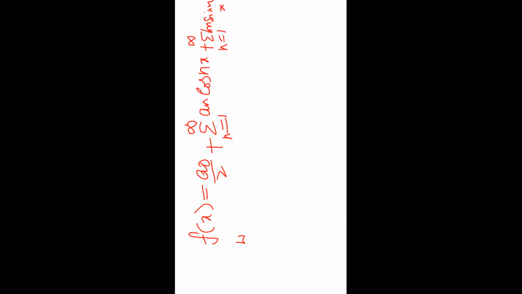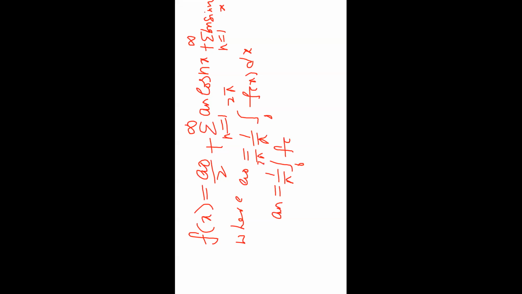Where a naught equals 1 by pi integral 0 to 2 pi f of x dx, and a n equals 1 by pi integral 0 to 2 pi f of x cos nx dx, and bn equals 1 by pi integral 0 to 2 pi f of x sin nx dx.